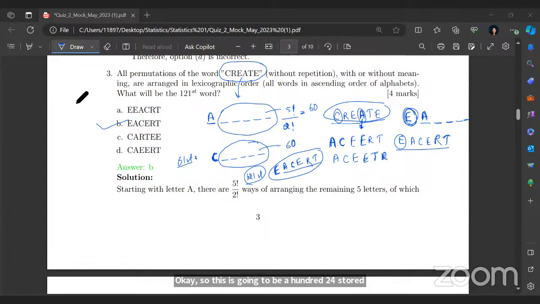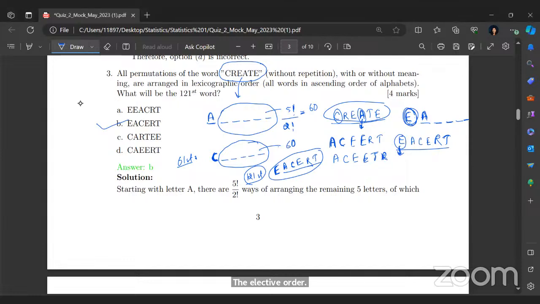And the 180th word will also have the same series after 181, right? The next will be another E, in lexicographic order.